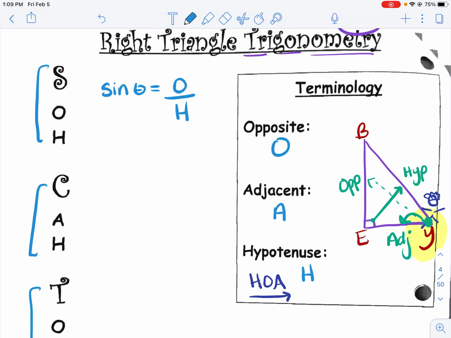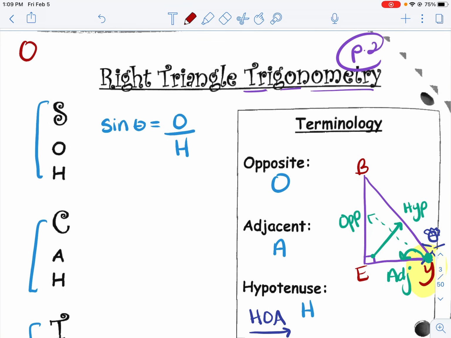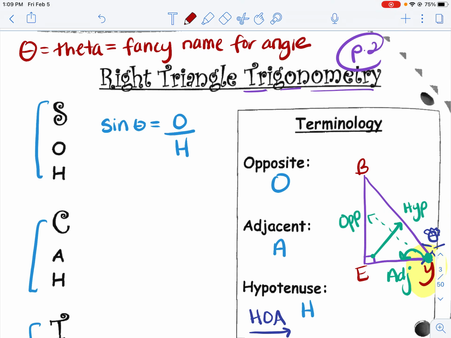Now, that little theta, and again, I might be repeating some stuff. This is theta. It's a Greek letter, and it's a fancy word for any angle. So if you use this in like casual conversation with your math friends, like, oh, I was looking for theta the other day, everyone will think you're super cool. So just throw it in once in a while.